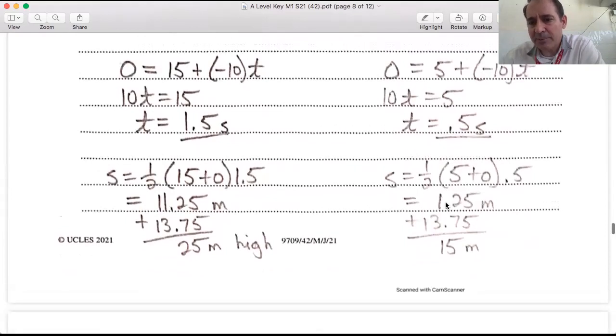So it only goes up 1.25 meters plus the original collision point, which means it reaches 15 meters, the original distance that B was dropped from. So B is dropped, collides with A, and that coalesced particle, because of momentum, goes back up to that same 15-meter mark at which B was originally released, and now its velocity is 0.